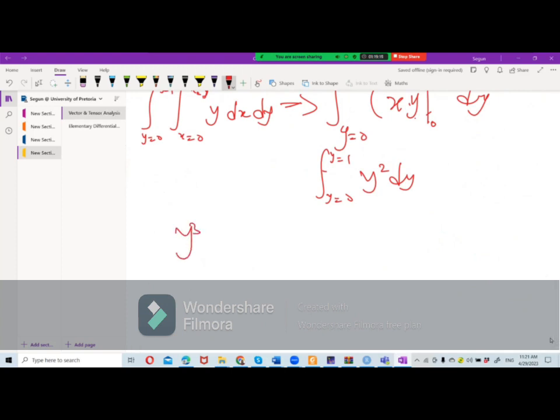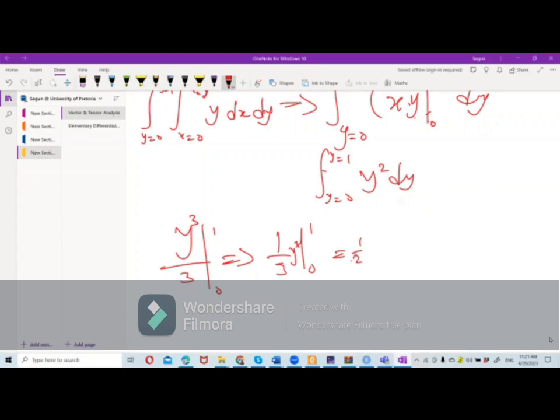You have y raised to power 3 over 3, from 0 to 1. When you substitute it, what do you have? You have 1 over 3.